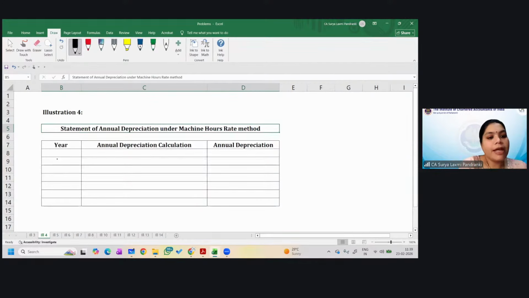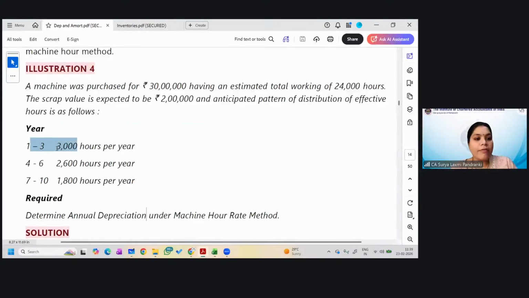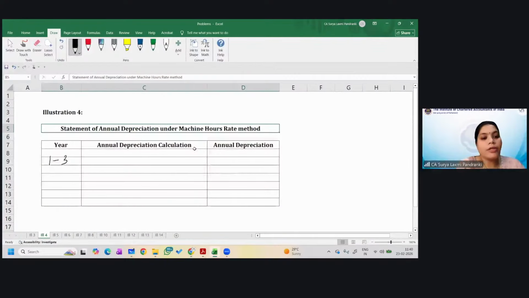Yes. So firstly, we have year 1 to 3. We have 1 to 3 given, and what is the usage in the first 3 years? It is 3,000 per year, correct? 3,000 per year is the usage. Now, let us do the calculation. What is the usage in that first 3 years? 3,000. And what is the total number of hours that are available? 24,000.